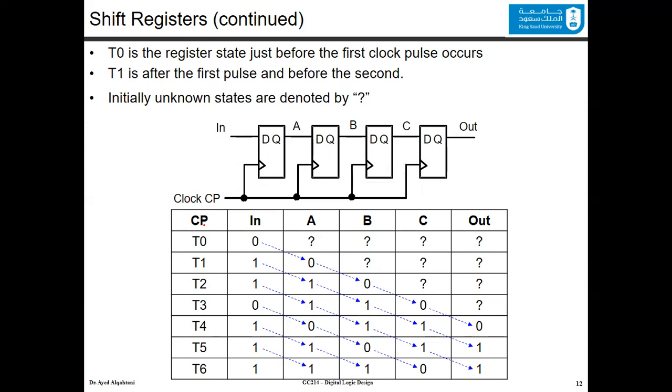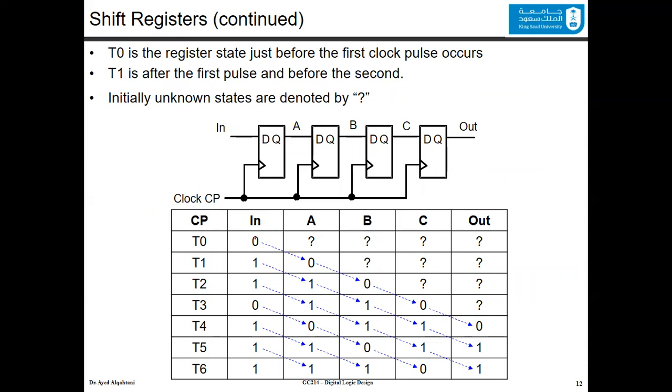Now, if we have those cycles beginning from T0, T1, T2, T3, 4, 5, and 6, it means that at this time we have the first rising edge, at this time we have the second rising edge, and so on. This is what's going to happen inside the shift register.